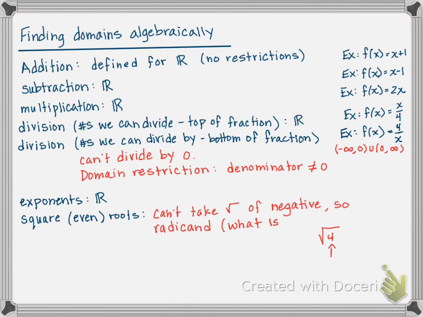Okay, I'll say inside. I've always thought under, and it occurred to me that maybe that makes no sense. Inside the radical. So it's not the square root itself, it's just what is inside there. Can't be negative.